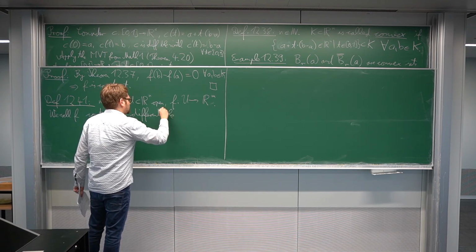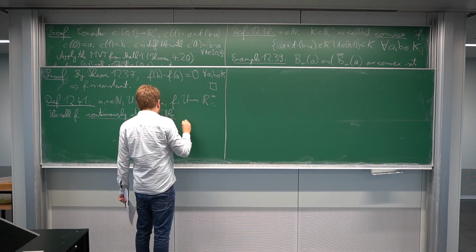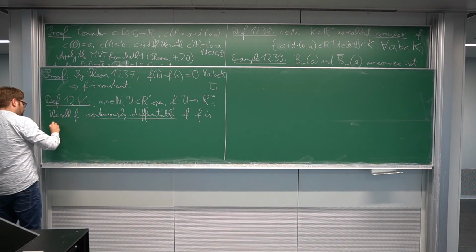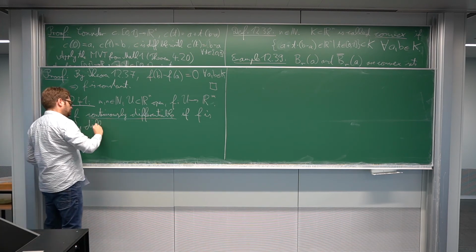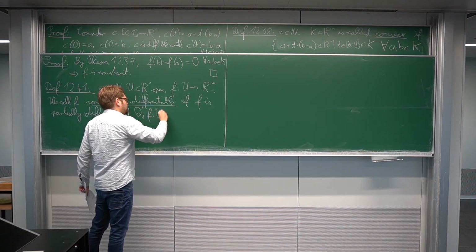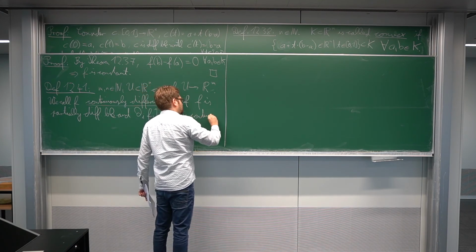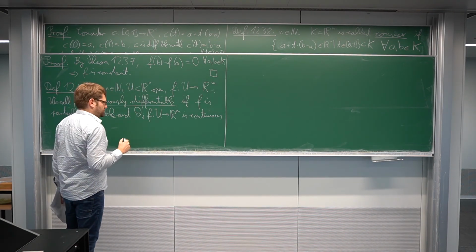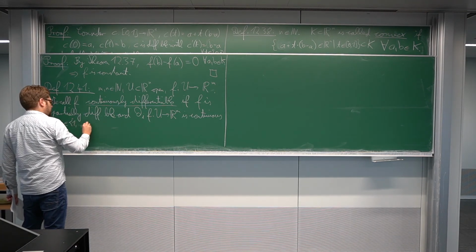In the one-dimensional setting, we had that the derivative must be a continuous map, and here it's similar. We call F continuously differentiable if F is, first of all, partially differentiable, and if all the partial derivatives as maps are continuous. And we have seen already that if this is the case of continuous partial derivatives, then the map is differentiable. So it's continuous for all i between 1 and n.